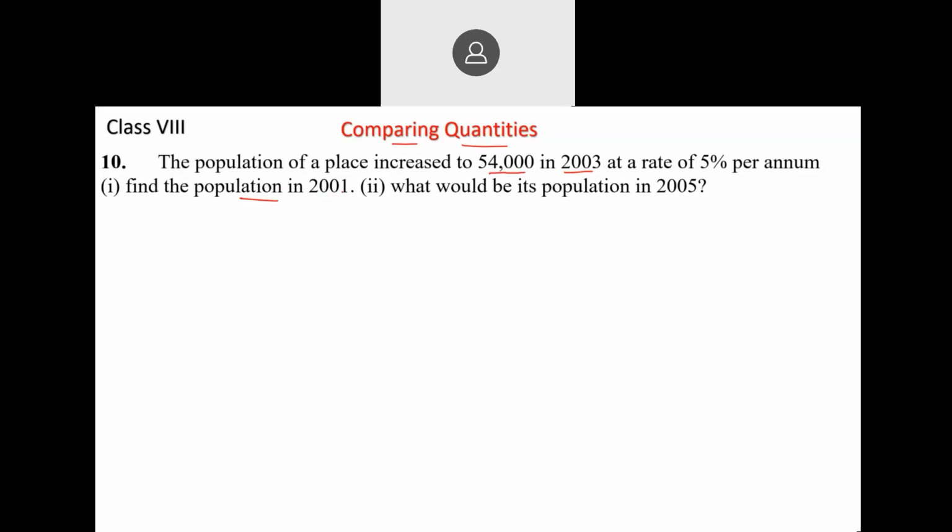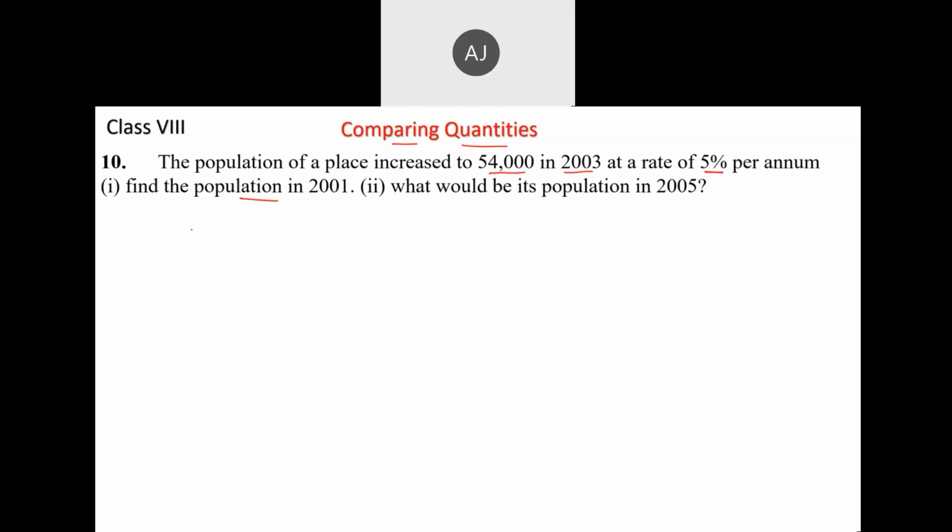From 2001 to 2003, how many years gap is there? 2 years. So we have to calculate by taking n value as 2. They have given the rate here as 5%, so R should be taken as 5.